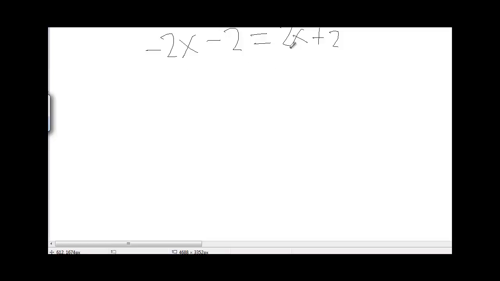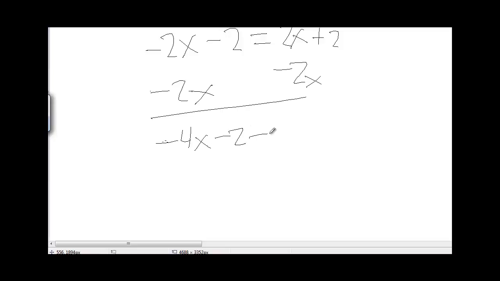So I will subtract 2x from both sides. So I'm left with negative 4x minus 2 is equal to 2.